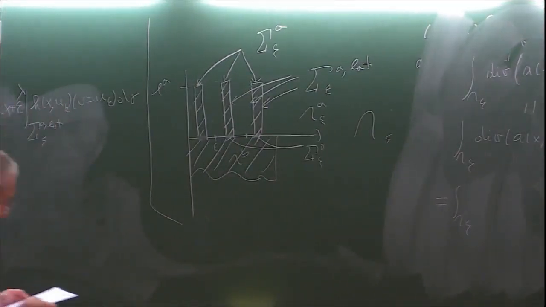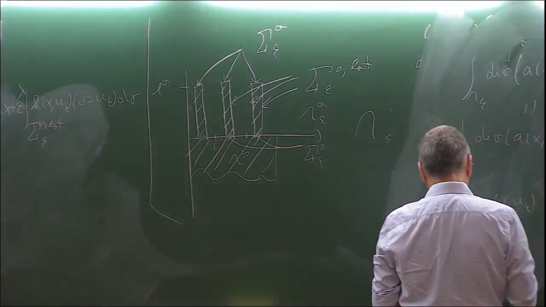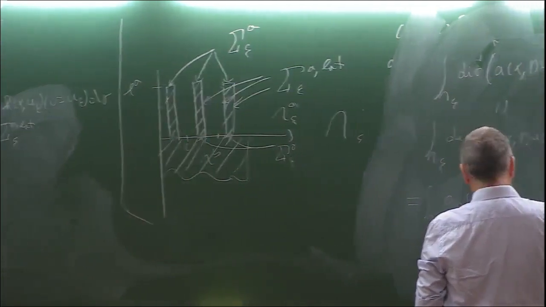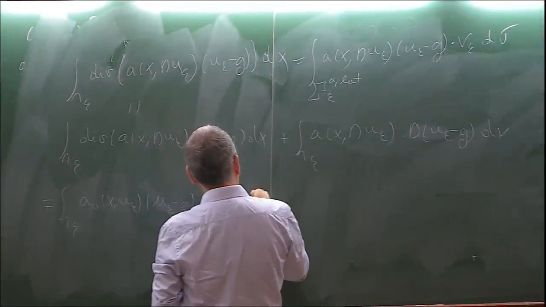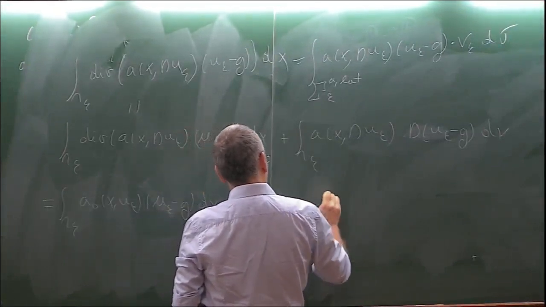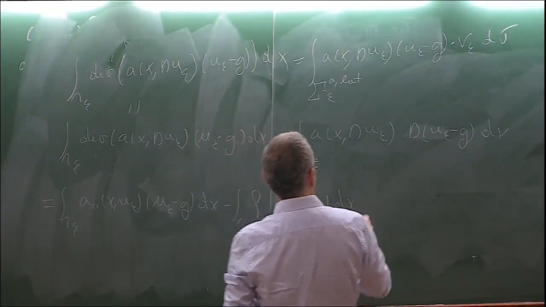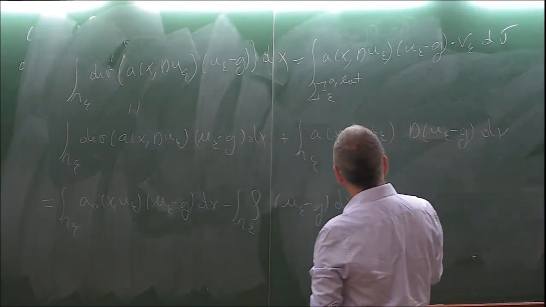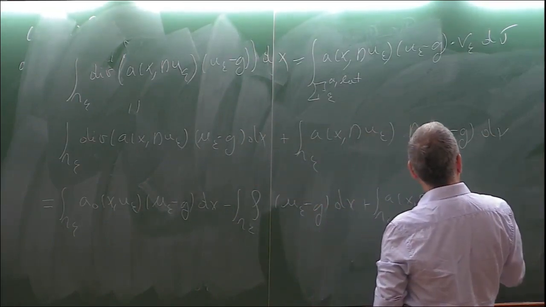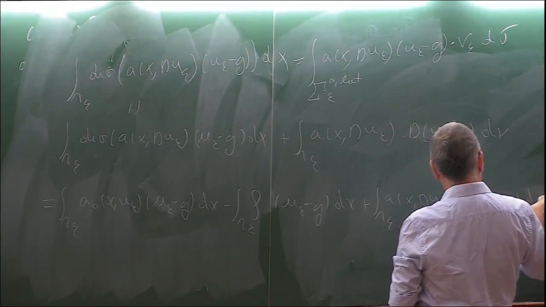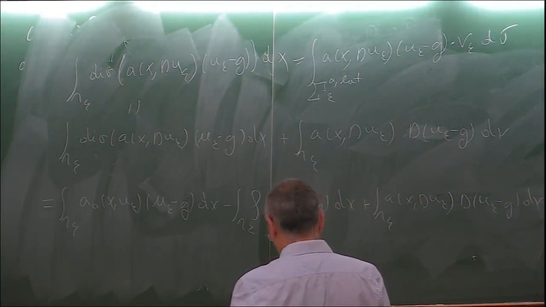Then I can replace: the integral on omega epsilon of h0 (u epsilon) times (u epsilon minus g) dx, minus the integral on omega epsilon of f times (u epsilon minus g) dx, plus this term, the integral on omega epsilon of A of x gradient of u epsilon times gradient of u epsilon minus g dx. Okay.